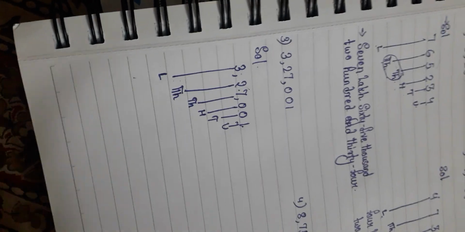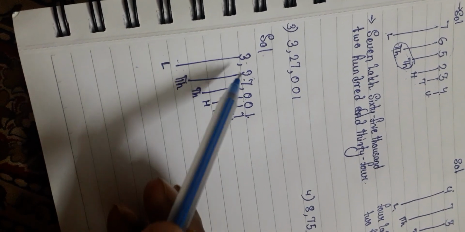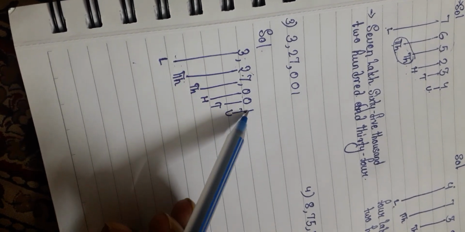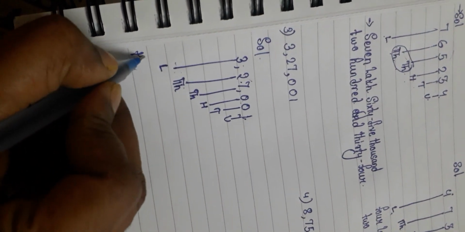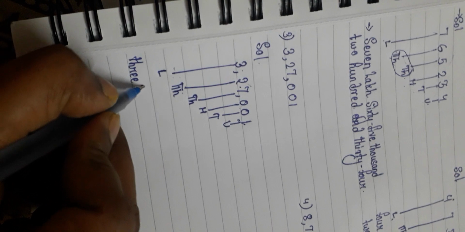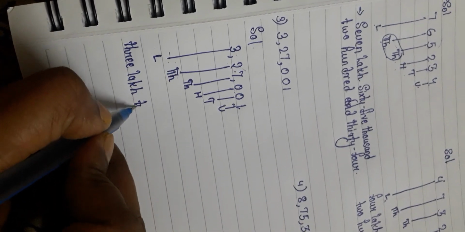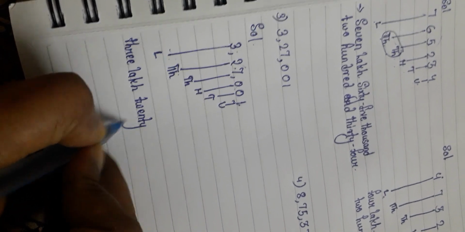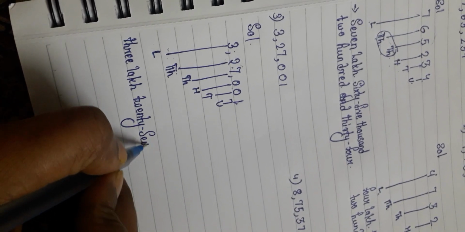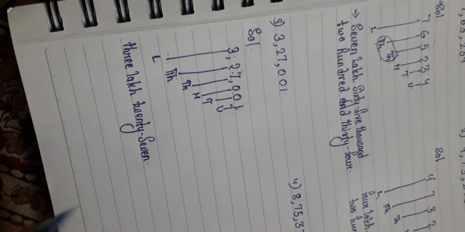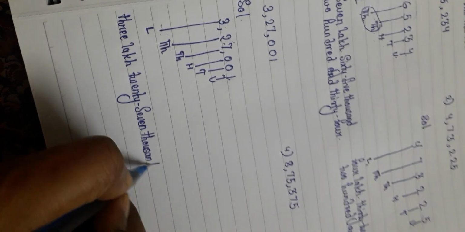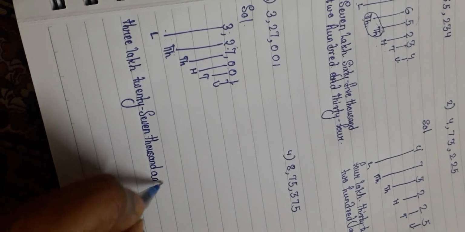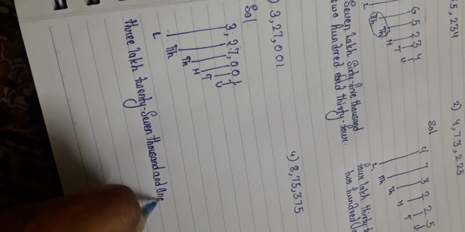So you can read this as 3,27,001. Clear? So this will become 3,27,000 and 1. Clear?